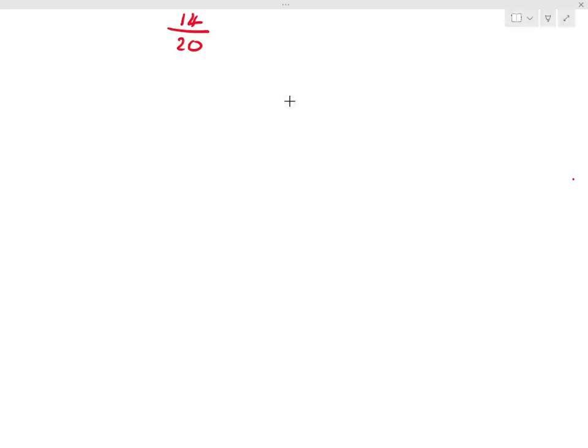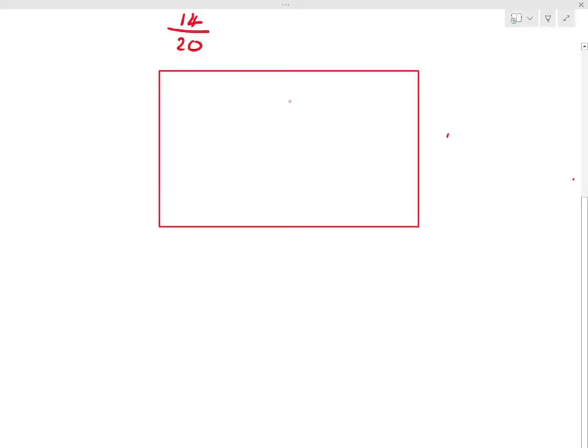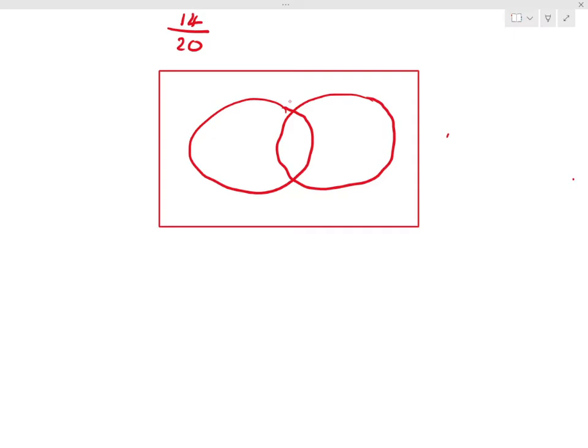Okay, so here we are. These Venn diagrams change color as we go along, depending on what I'm doing. So this is the first part of this. Let's ask some people about dogs and cats, whether they've got a pet.